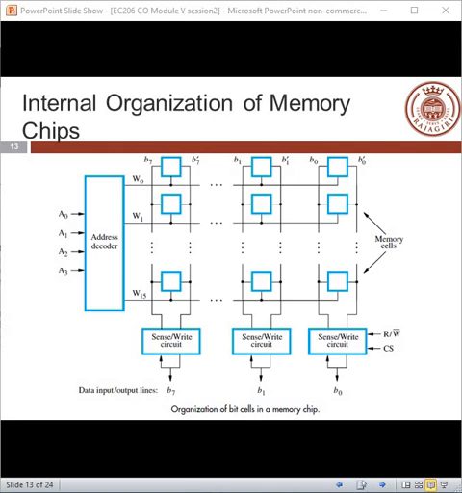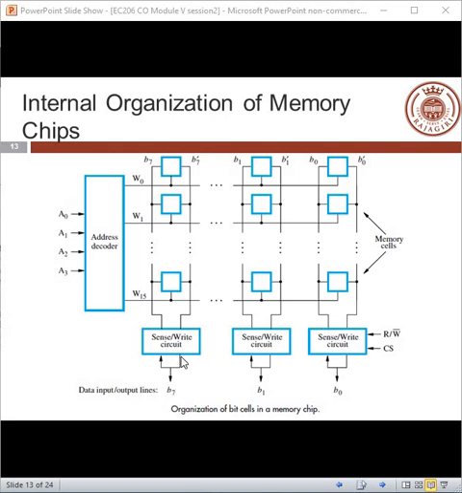For organizing a memory in 16 into 8-bit fashion, we have 16 rows, and at a time we will be reading or writing 8 bits. We'll count the number of pins. First of all, we need 4 address bits, A3 to A0.